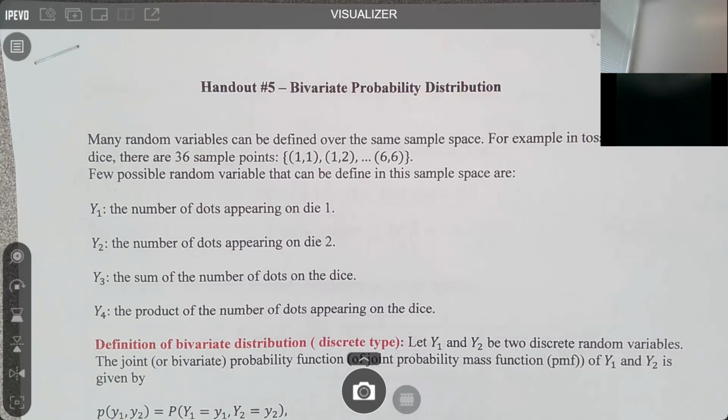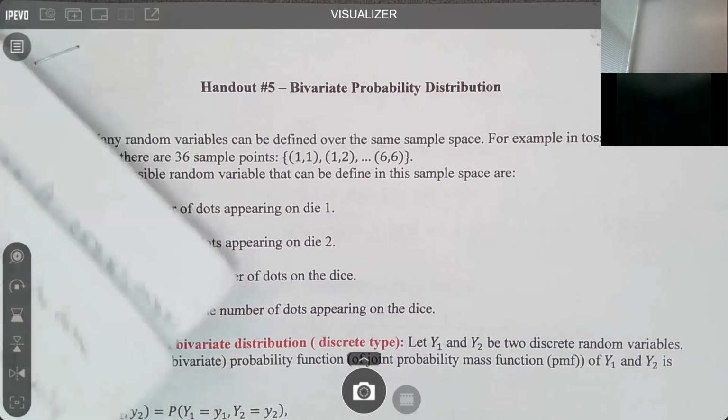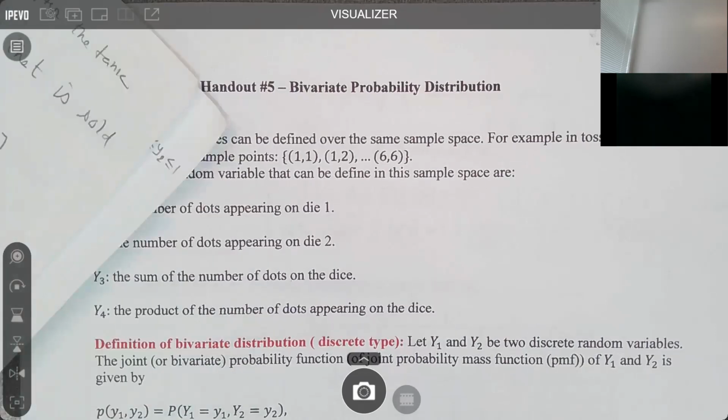Alpha beta over alpha plus beta squared times alpha plus beta plus 1. Is it correct? What do you say? Alpha beta, it's not right.